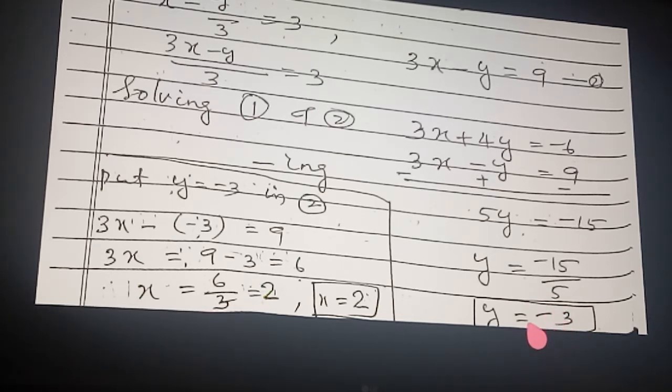Clear? So the value of y is minus 3. Now I put the value of y equal to minus 3 in equation number 2. Given the equation number 2 here, 3x minus the value of y, which is minus 3, is equal to 9. Okay, clear? So minus minus, what will it become?